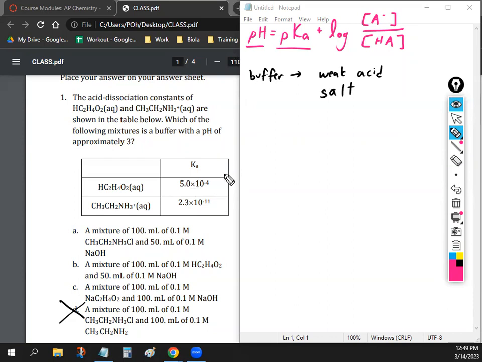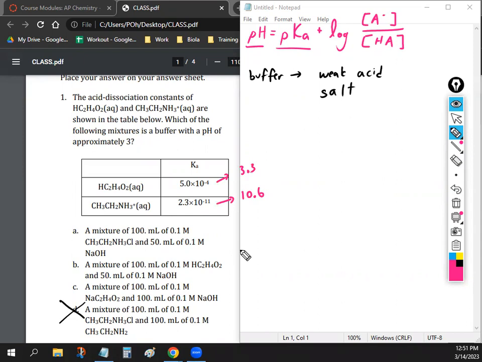I'll give you guys about a minute. Real quick, find the pKa of these two compounds. Take a minute to find the pKa. So the pKa of this first one right here will be about 3.3. This guy right here will be about 10.6. Something like that.